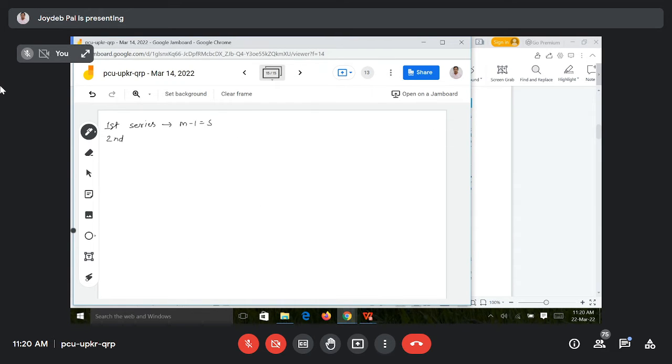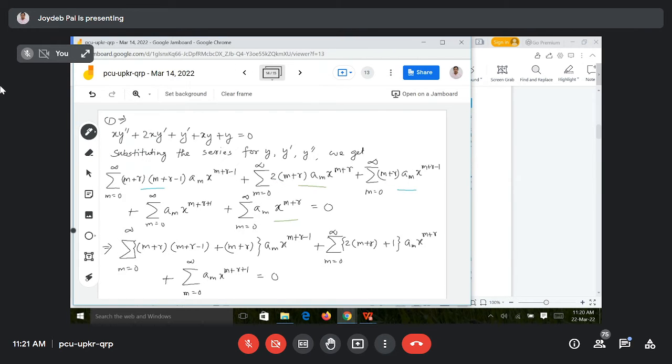Third series, m plus 1 is equal to s, right? Because the power is m plus r plus 1. So if you take m plus 1 is equal to s, then it will be of the form s plus r.